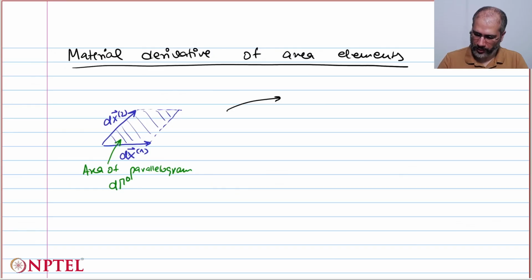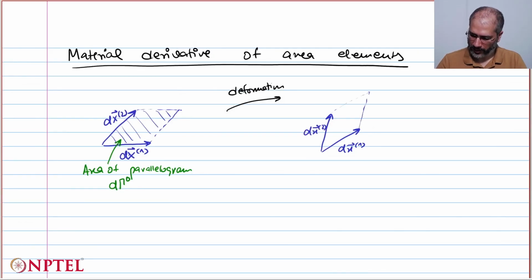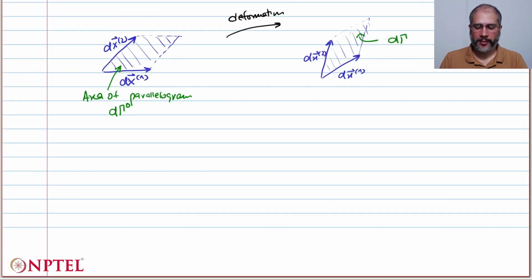And when the deformation happens, these elements capital dX1 and capital dX2 deform to small dx1 and small dx2 vectors, which results in this parallelogram, and the area of this will be denoted by d gamma. Now we represent area as a vector.